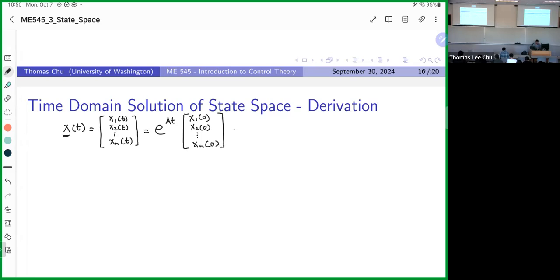This is the solution specifically to x dot of t equals A x of t. There's no input.